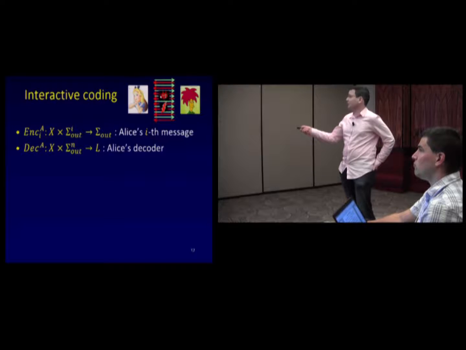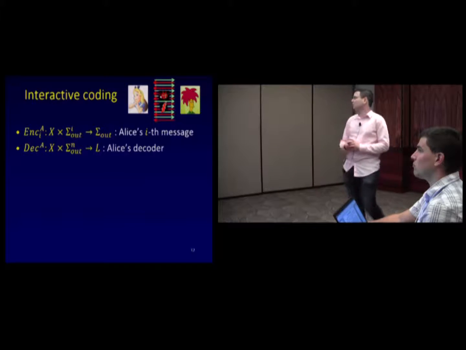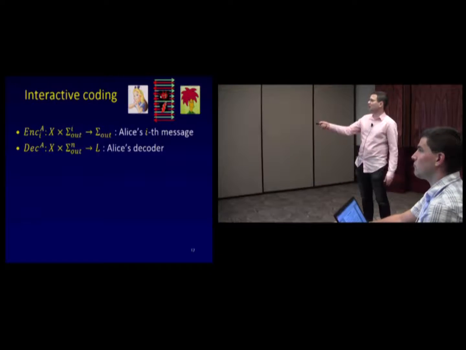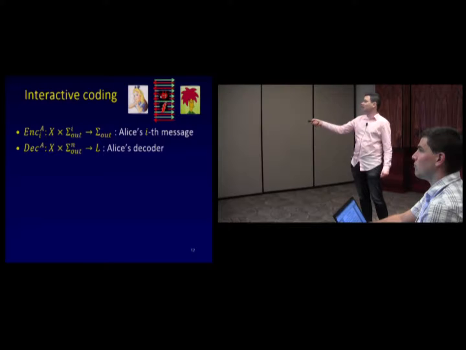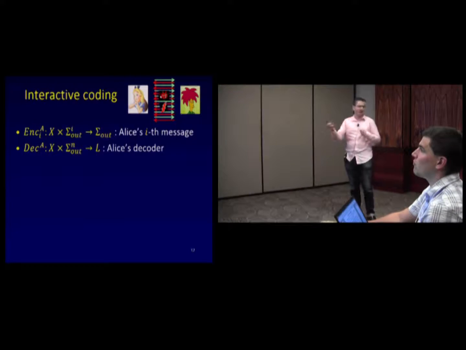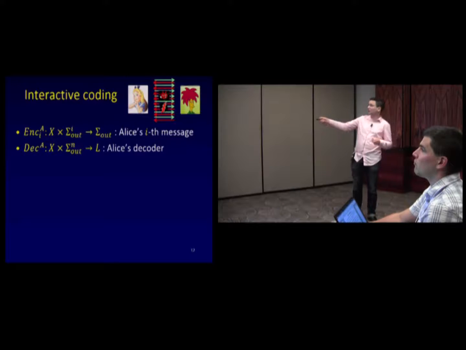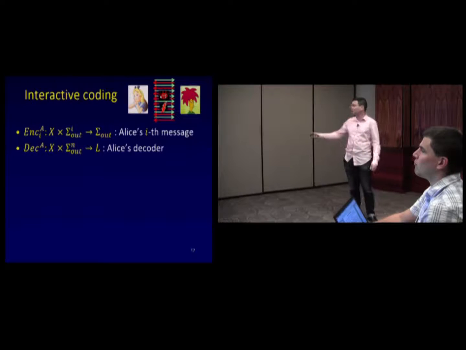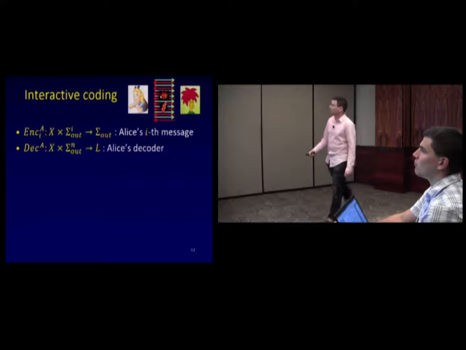So what are the encoding and decoding functions? At each round, Alice, based on the conversation so far and her own state, is supposed to decide what bit to send to Bob, what symbol to send to Bob. This is Alice's ith message.